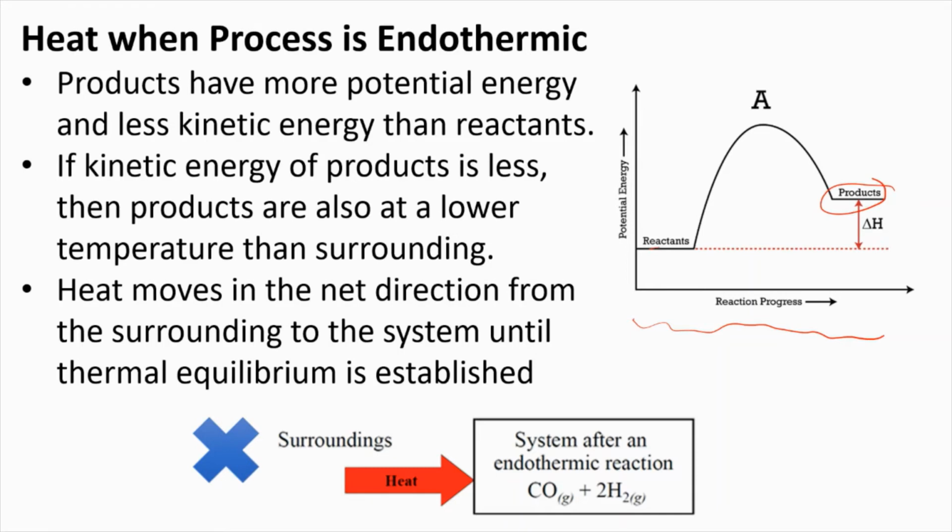Now, if the products have less kinetic energy than the reactants, kinetic energy is related to temperature. That means the products also would have a lower temperature. All right, so our heat is moving from the surroundings into the reaction itself. The endothermic reaction is absorbing the heat from the surroundings around it.